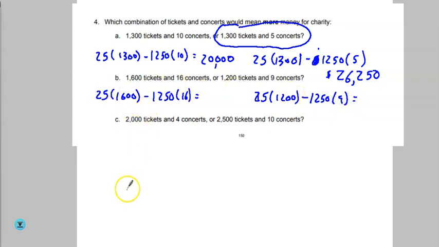And you just plug them into that same formula. $25 for every ticket for 1,600 minus the $12.50 for 16.